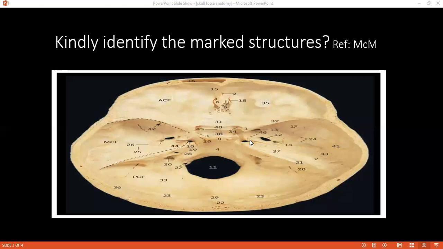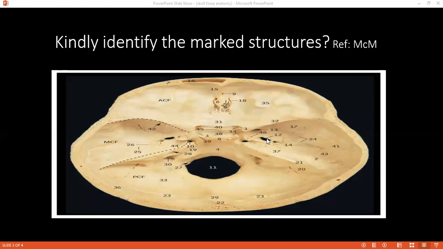Foramen lacerum is filled with fibrocartilage, and above the superior part, the internal carotid artery passes through it. Okay, can you please identify number 12? Number 12 is the foramen ovale.